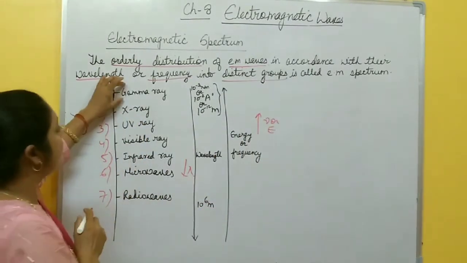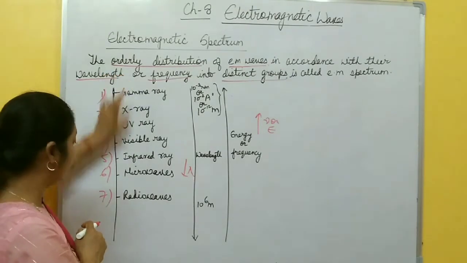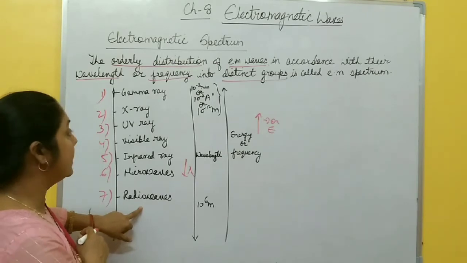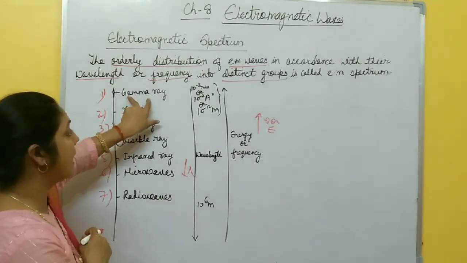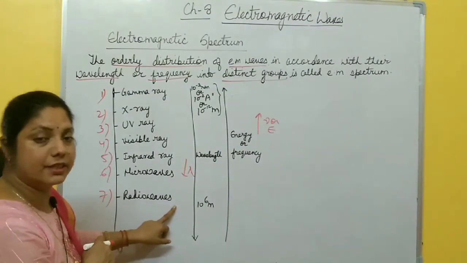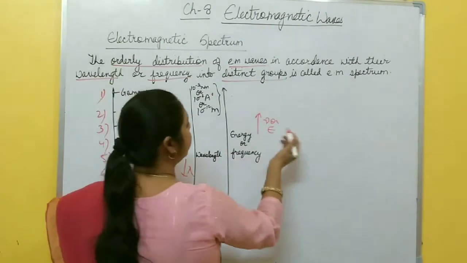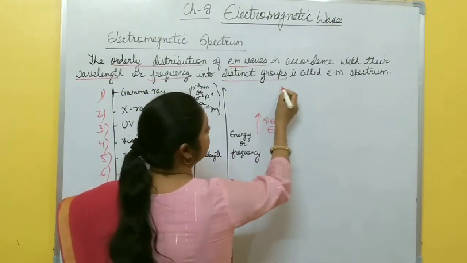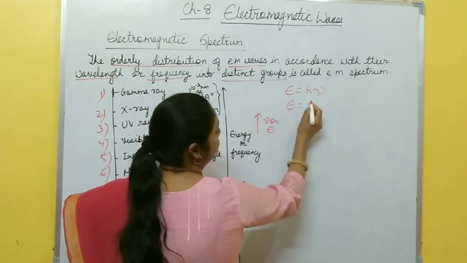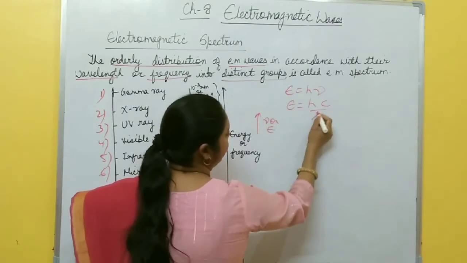It means gamma rays have the least wavelength and radio waves have the largest wavelength. In the same way, gamma rays have the highest energy and radio waves have the least energy. Why? Wavelength and energy or frequency are reciprocal to each other. You know, E equal to h nu, or E equal to hc by lambda.